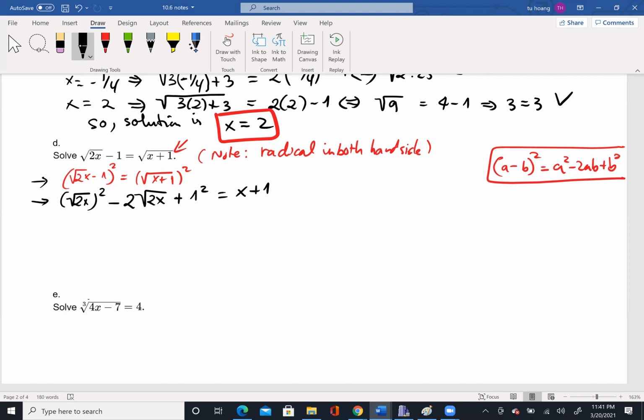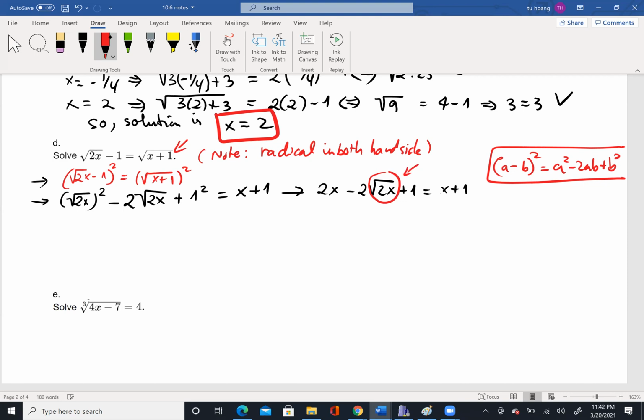Okay, so from here, if I want to simplify, let's see what I have. The left hand side now I have 2x minus 2 times the square root of 2x plus 1, and that equals x plus 1. The thing here is I am still having a radical on one hand side, so I need to isolate this guy.